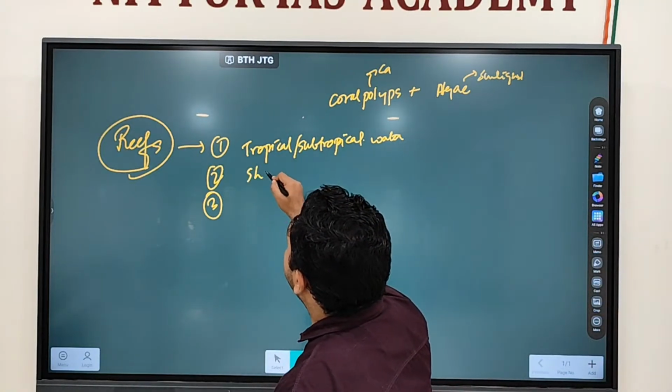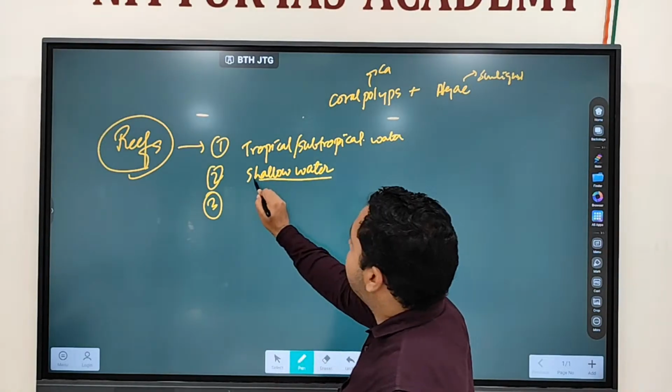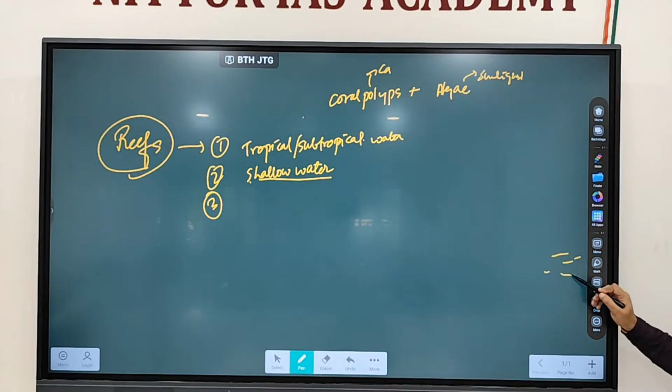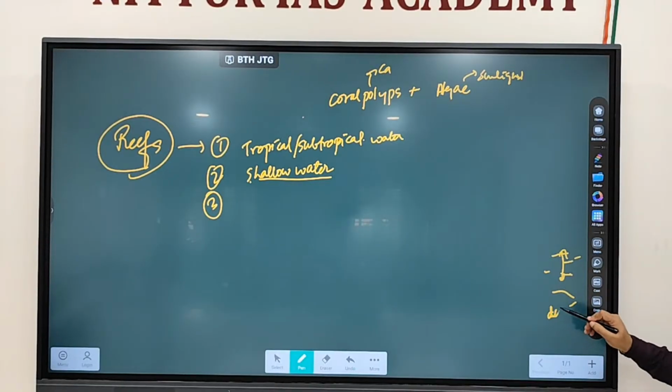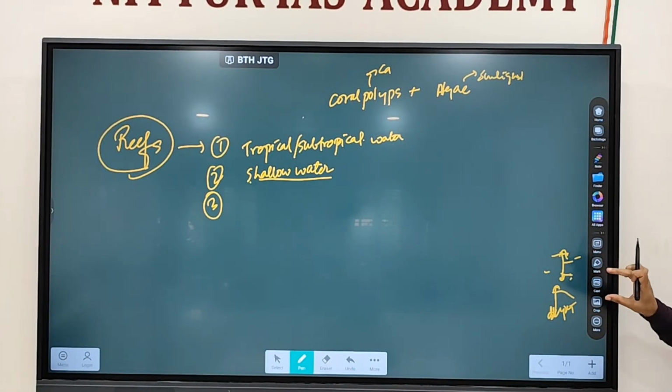Second thing, they are generally found in which type of water? Shallow water. Because if the water is shallow, only then can sunlight penetrate. If sunlight does not penetrate, then what will happen? Generally corals are not seen deeper. You don't find coral reefs at a deeper level. For the symbiotic relationship to exist, they are found in shallow water.